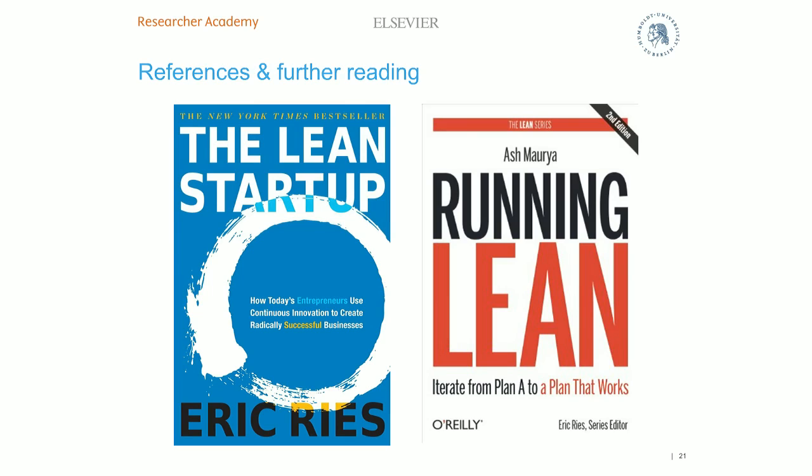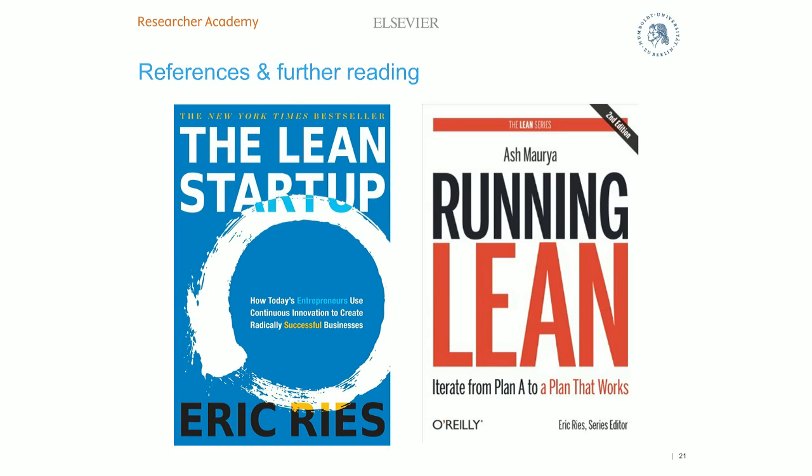This is the original source, and here the approach is described very well in order to understand the principles. So if you want to go more into detail on the different aspects of the Lean Startup approach, I would highly recommend this book to you.